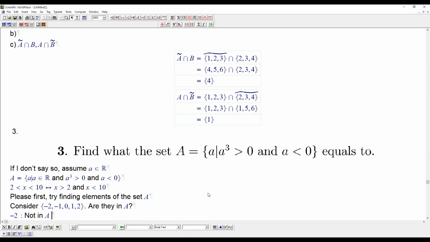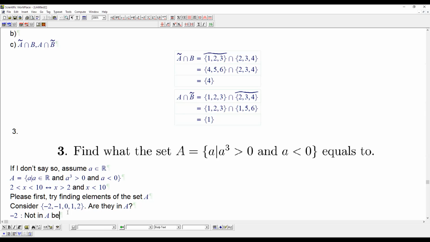I thought because a cube is negative, so it's not bigger than 0. Yes. Here, we're saying that the set A is formed by a single valued element, a variable, which must obey two conditions. We're describing what the members of the set A have to fulfill to be part of A. One is that its value cubed must be greater than 0, and the value itself must be smaller than 0.